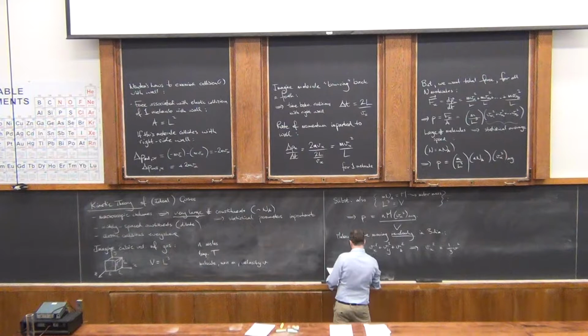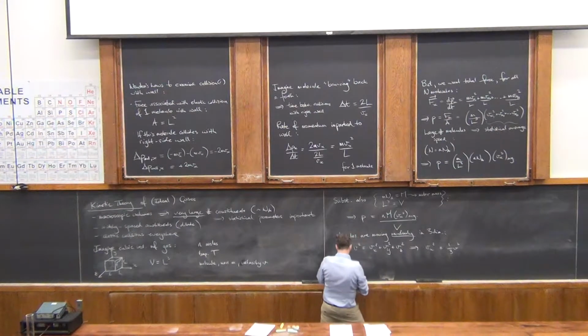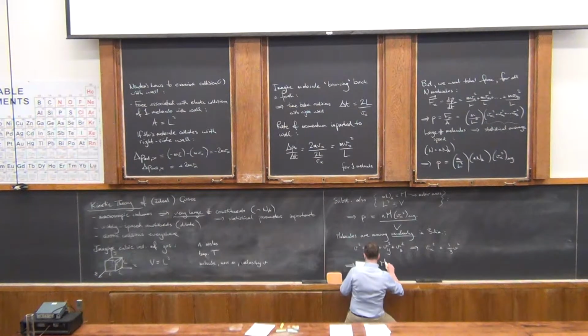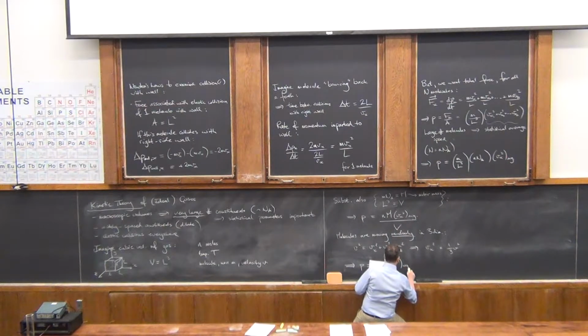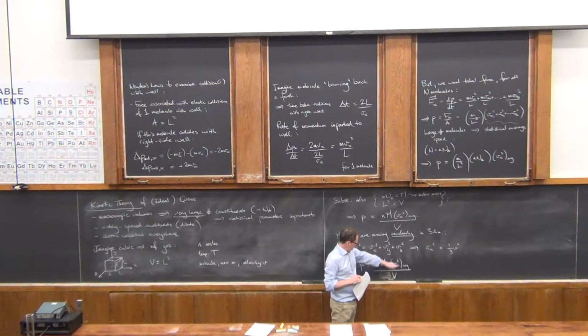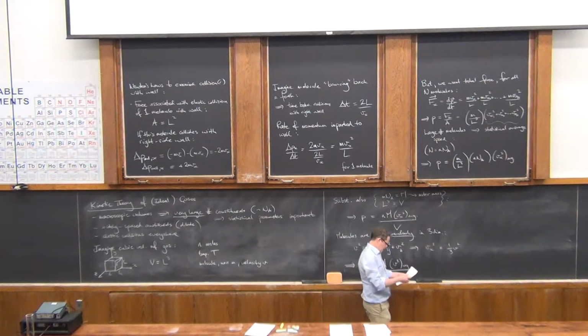So let me do this down at the bottom. P now equals N M V squared average over 3V. So my Vx squared average has been replaced by total V squared over 3 because of this.